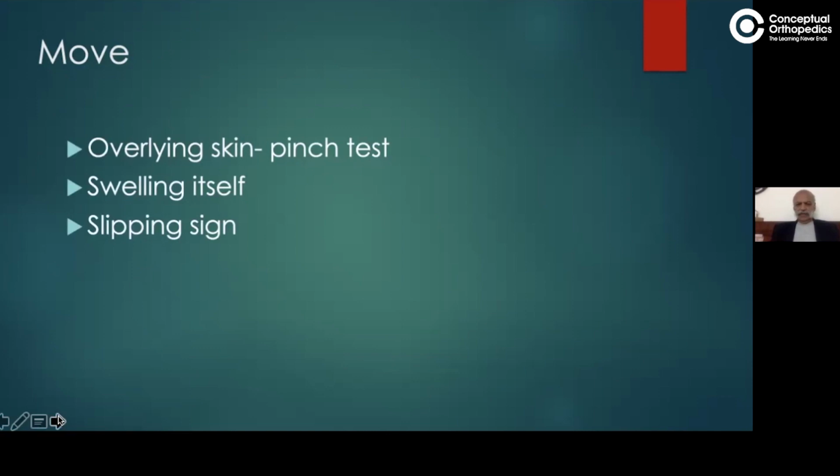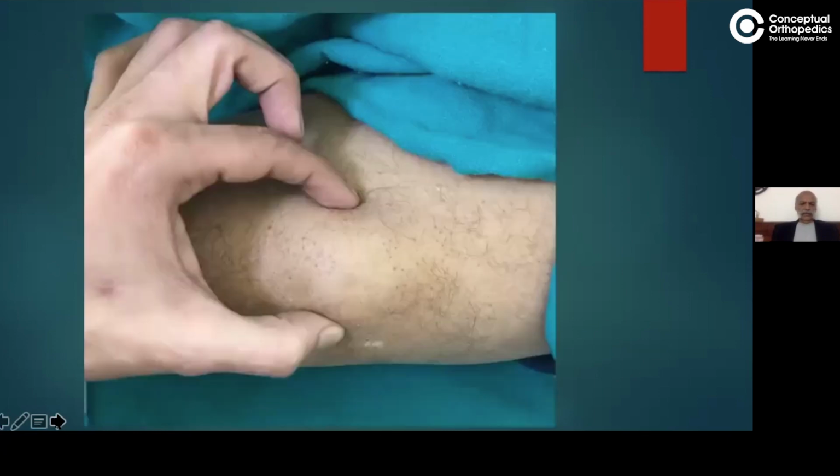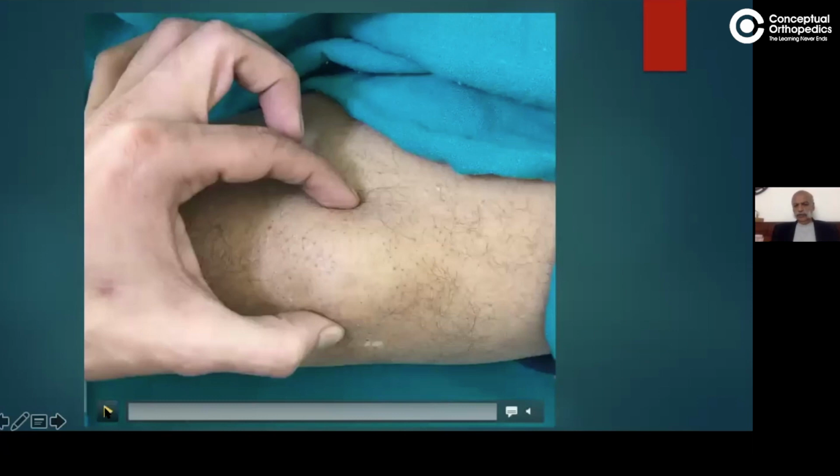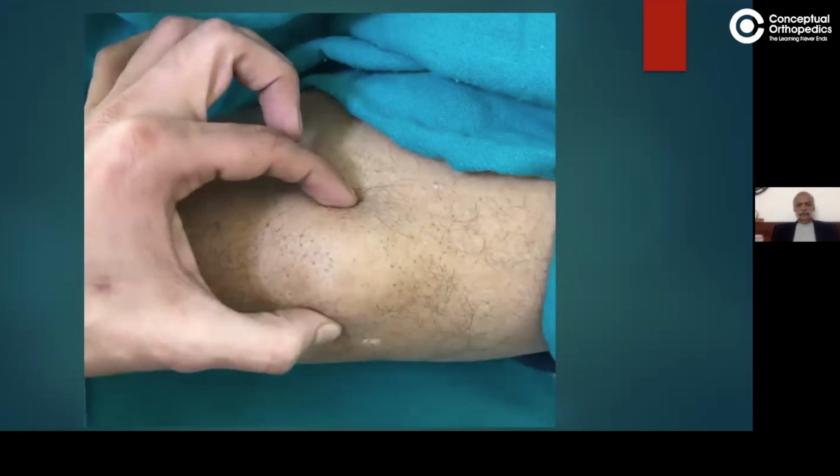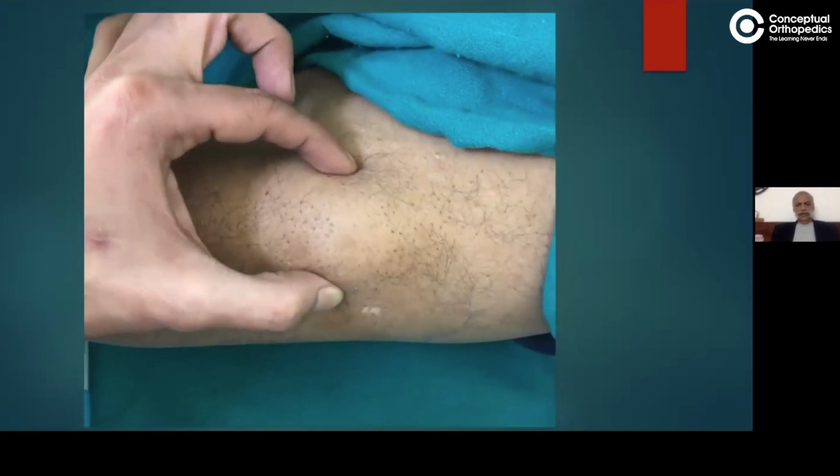The slipping sign is a sign which is specific for a lipoma, which is a highly mobile structure. So if you put your index finger on the swelling, you can feel that it is slipping under your finger, is moving away from your finger. It is known as slipping sign. So these are the findings, and this is the information. I'm showing you the maneuver being performed in our case, and you have to tell me what information you are deriving.